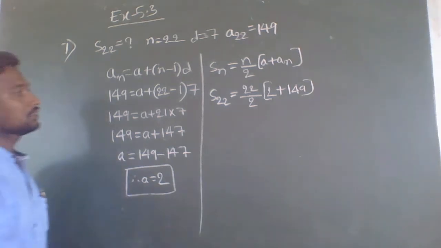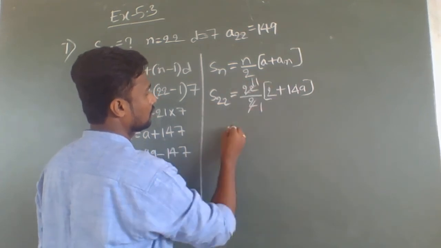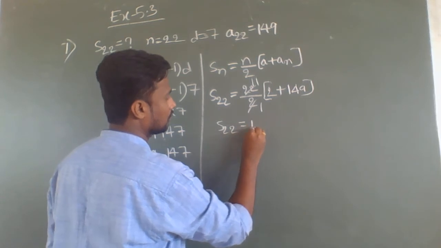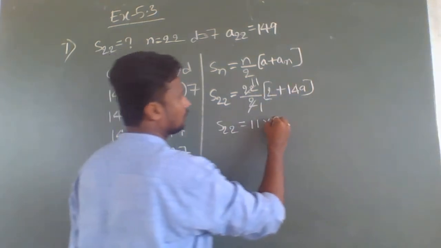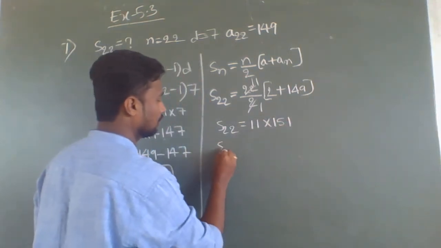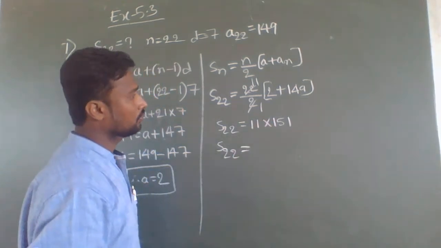Now in the next step I will divide this 22 by 2, which gives 11. Therefore S22 equals 11 into (2 plus 149), which means 151. So S22 equals 11 into 151.